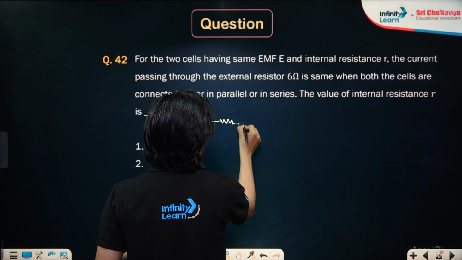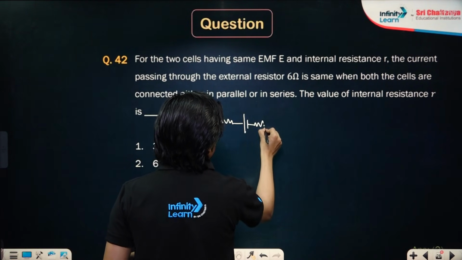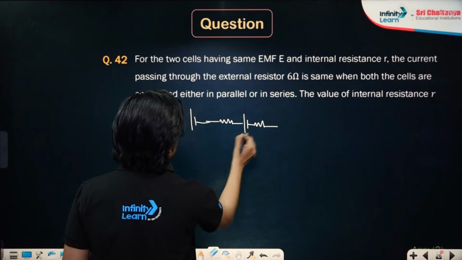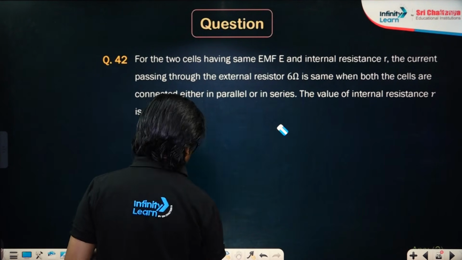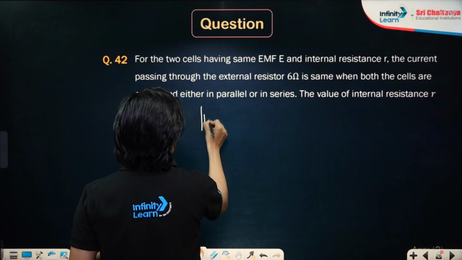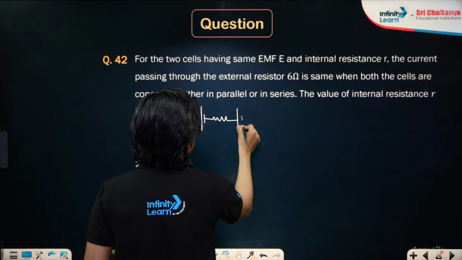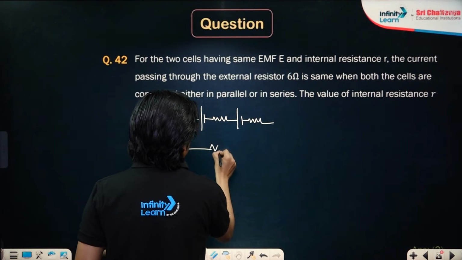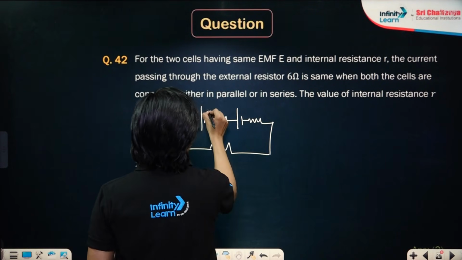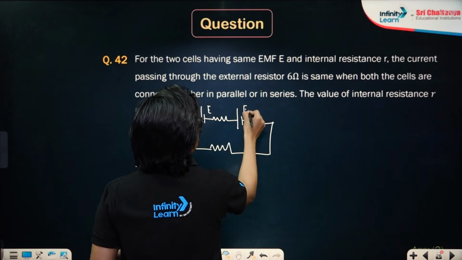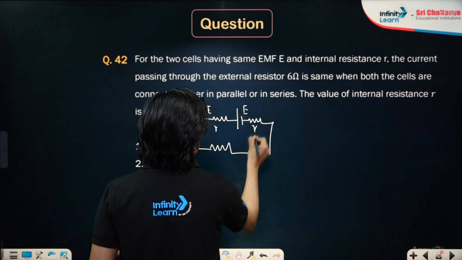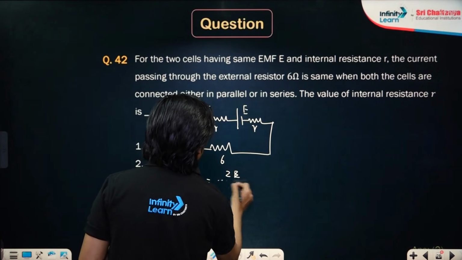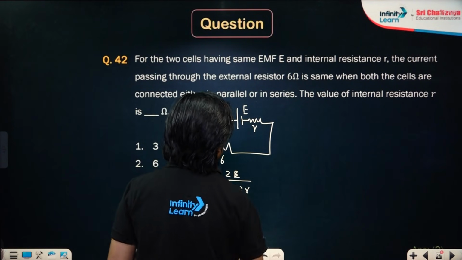So suppose there is, this is E, this is E, they are identical, r, this is 6, current I1, that is equal to twice of E divided by 6 plus 2r.